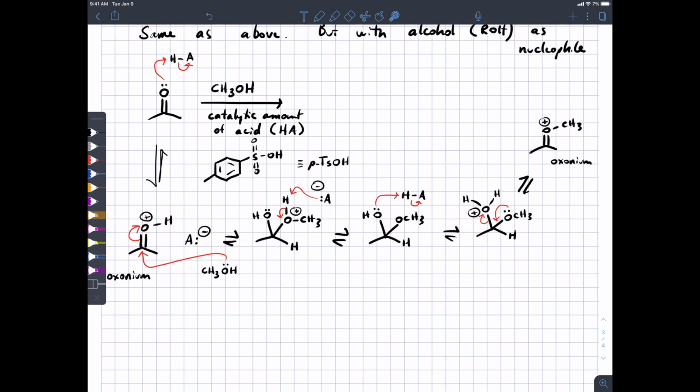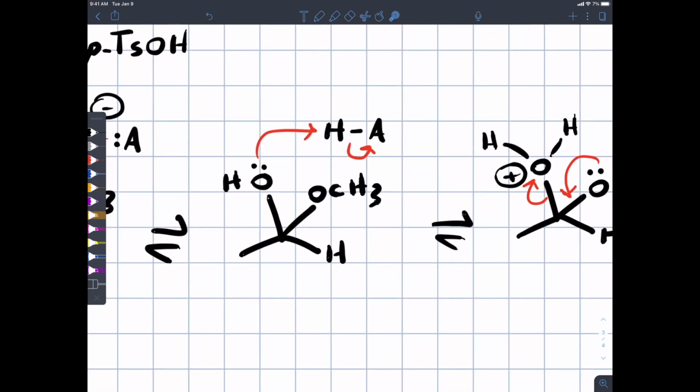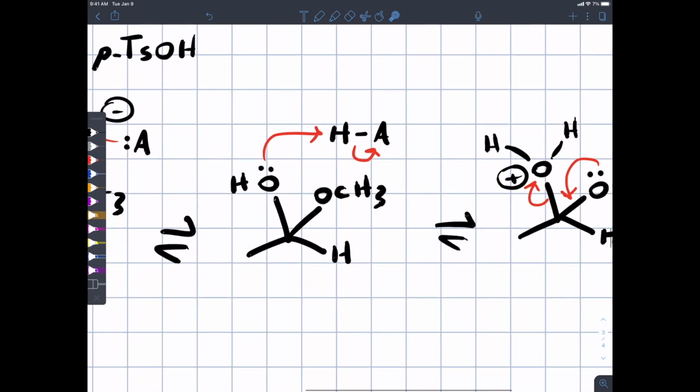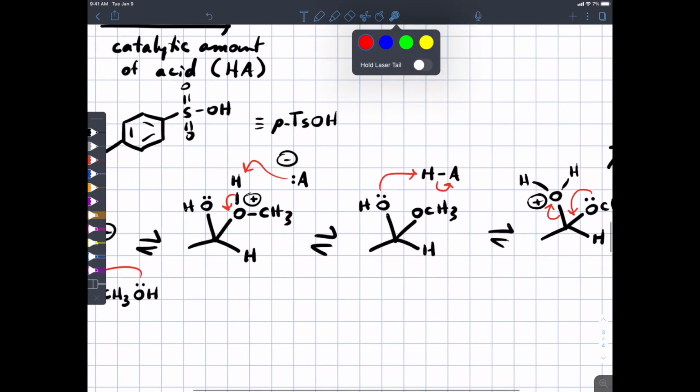Go ahead, sorry. So back to that step where the O is attacking the acid. Why is it the alcohol O and not the methanol O? That is a great question. And the answer is, in the previous step, we had the hydrogen on the methanol oxygen.